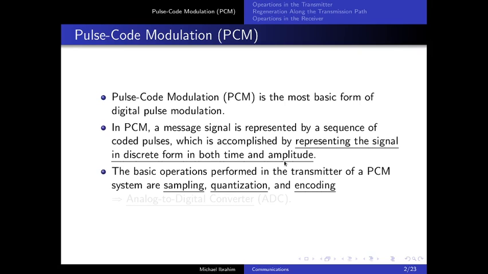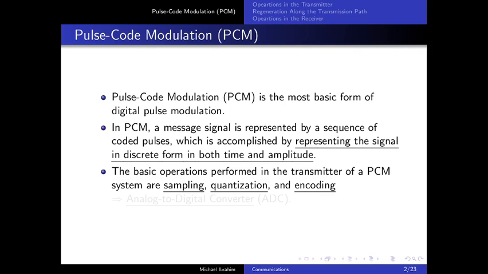The basic operations performed in a PCM transmitter are simply the sampling, which provides discreteness in time, the quantization, which provides a discreteness in amplitude, and then the encoding process. And these three operations combined together result in the so-called analog to digital conversion.